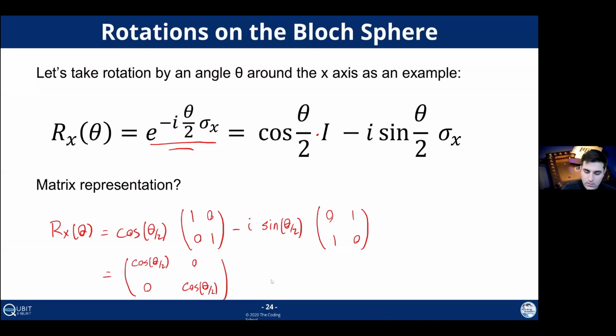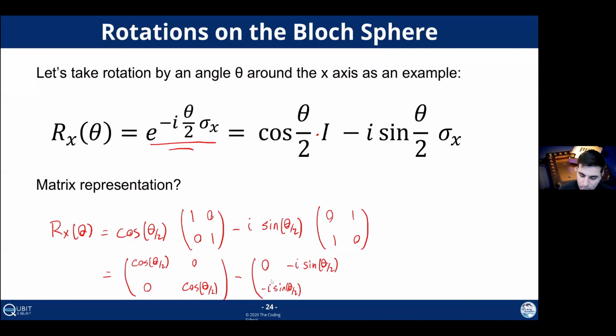And here I'm just going to have minus i sine theta divided by 2 times the matrix elements, and that will give me a minus i sine theta divided by 2 on the off-diagonals, and still 0 on the diagonals. Actually, this will be a plus because I already absorbed the minus inside the matrix. Okay, and I can just add every single element to every single element in this matrix.